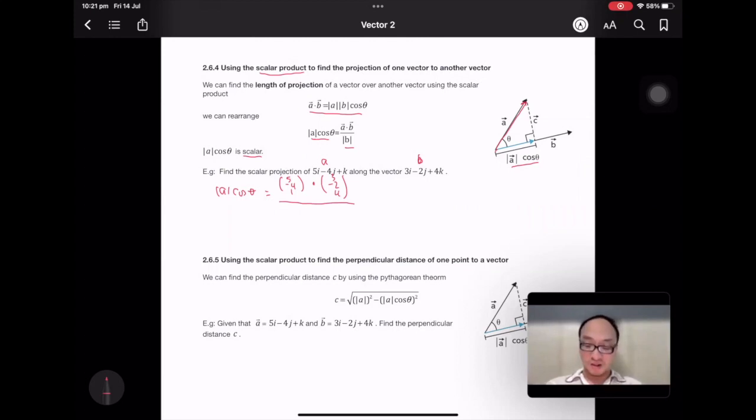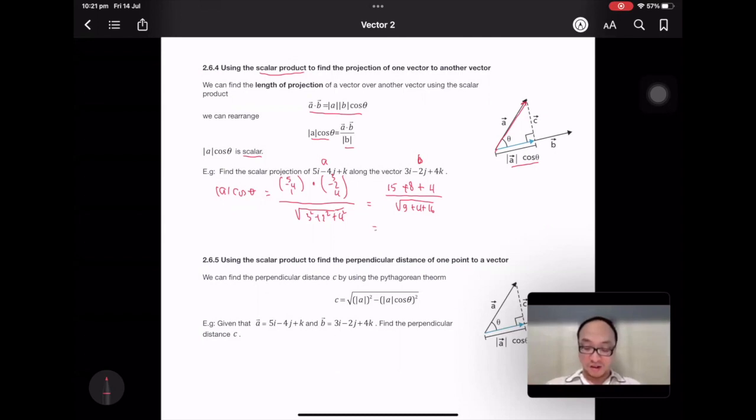The magnitude of B is the square root of 3 squared plus 2 squared plus 4 squared. The numerator is 15, plus negative 4 times negative 2 is 8, plus 4, divided by the square root of 9 plus 4 plus 16.